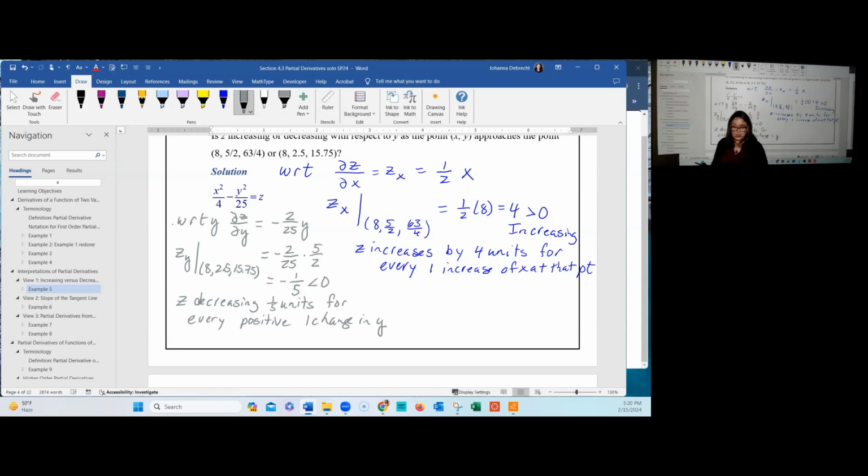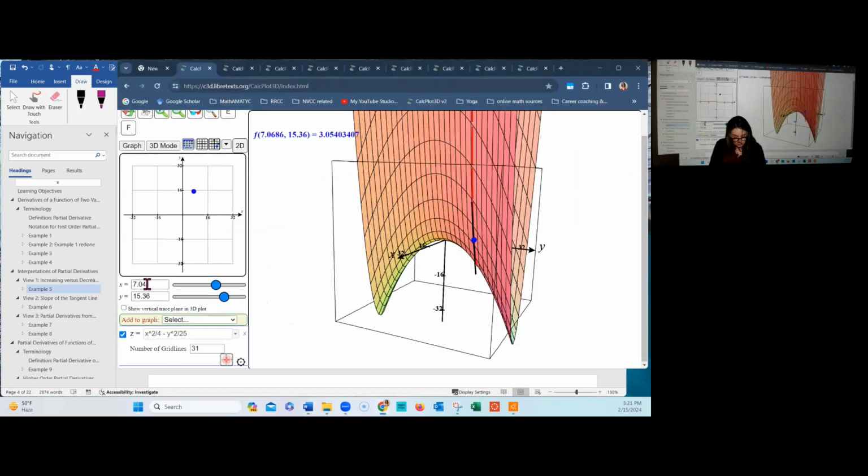Let's take a look now at CalcPlot 3D and see how to look at that point. So again, we want to return to the value of 8, 5 halves. So we can enter 8 into the X box and 2.5 or 5 halves into the Y box. We'll hit enter so that it moves.